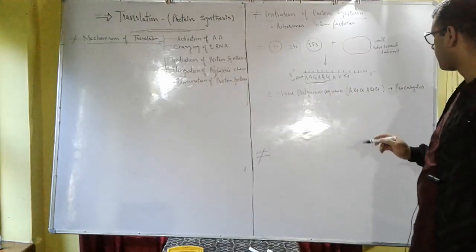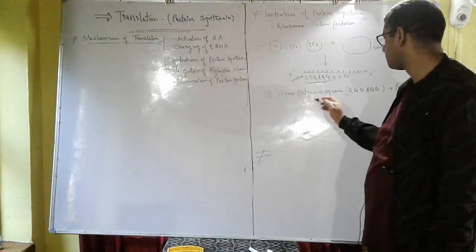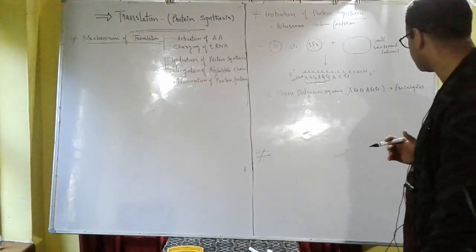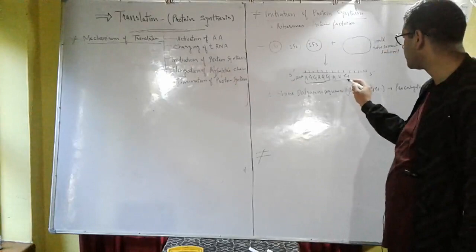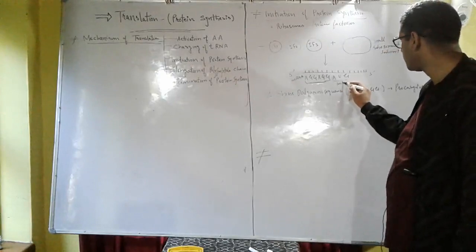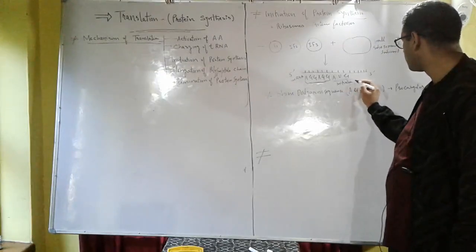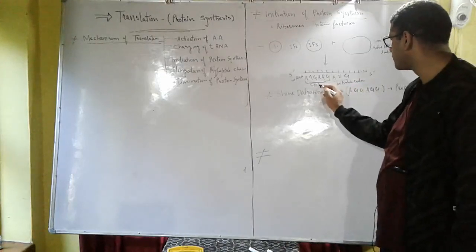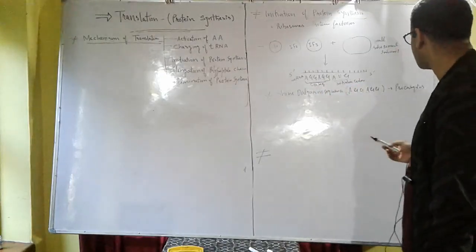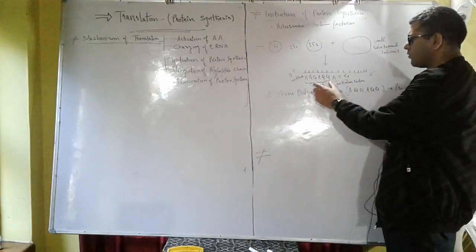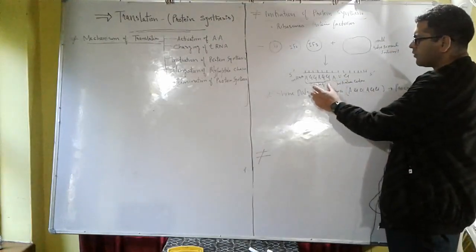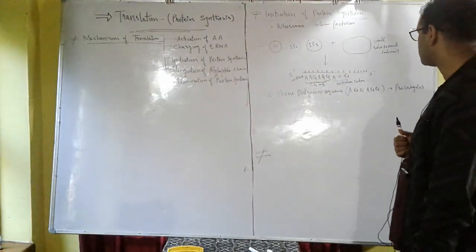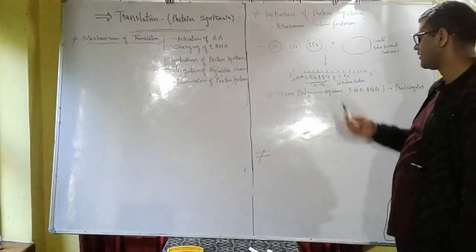It is a base sequence of 6 nucleotides, and it precedes the initiation codon. It is required for the efficient and effective translation of the mRNA.